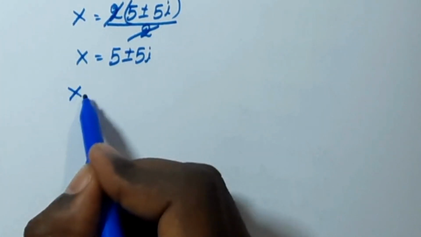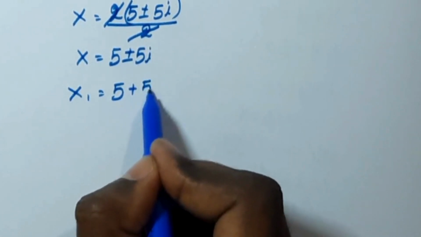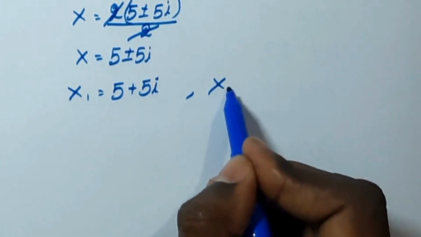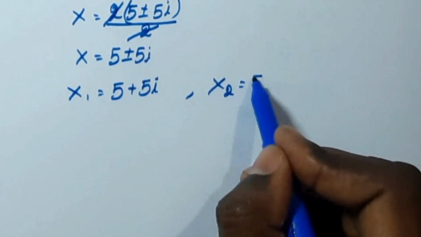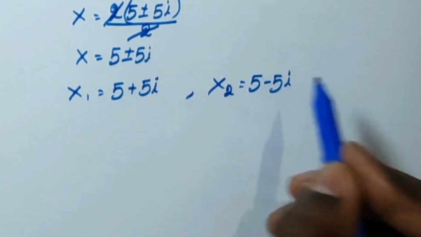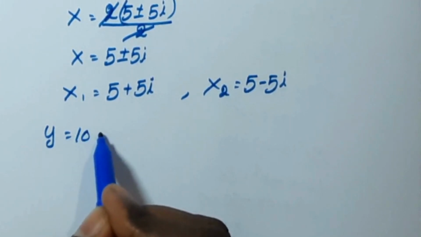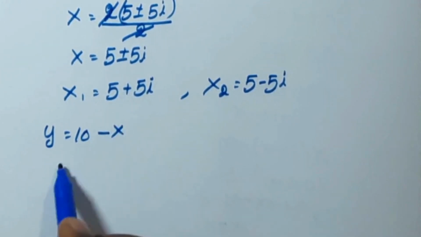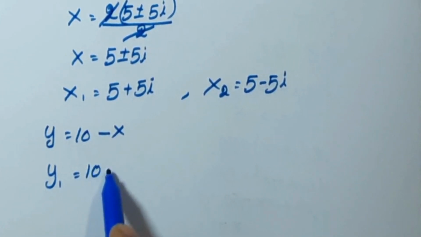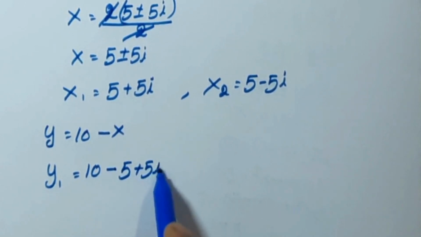This is x1 equal to 5 plus 5i, comma, x2 equal to 5 minus 5i. y equal to 10 minus x. y1 equal to 10 minus (5 plus 5i).